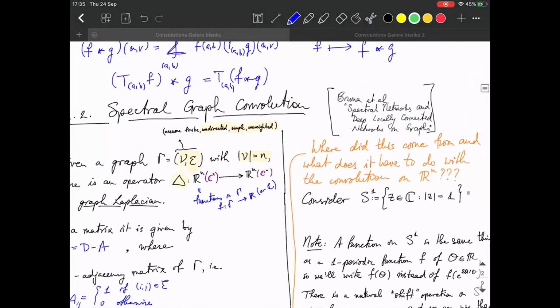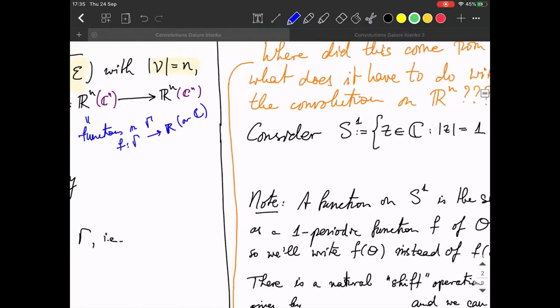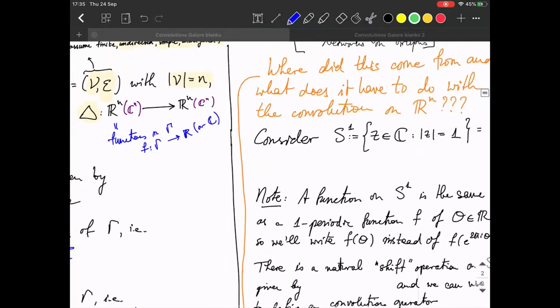So let's consider what happens if we take the circle as a one-dimensional manifold. The particular incarnation of it that I'm thinking of here is as complex numbers of unit length. But actually I'm going to parameterize it just for notational convenience like that.